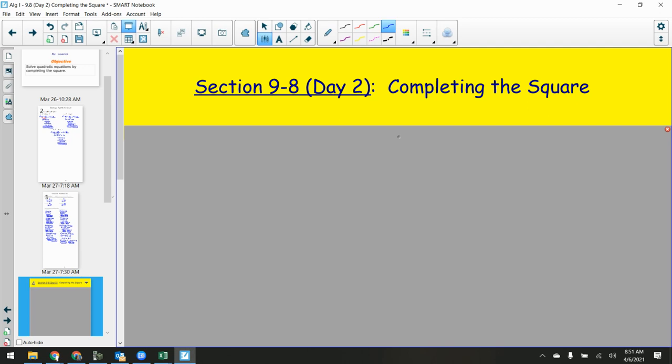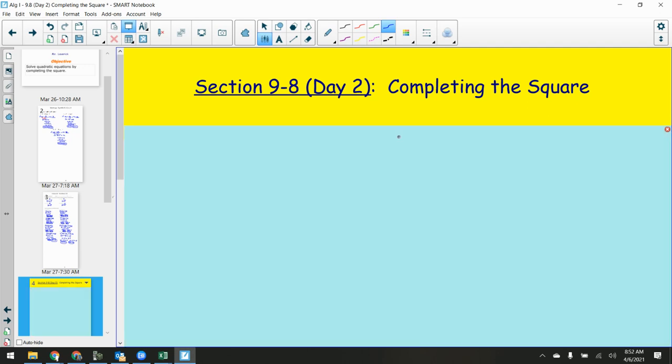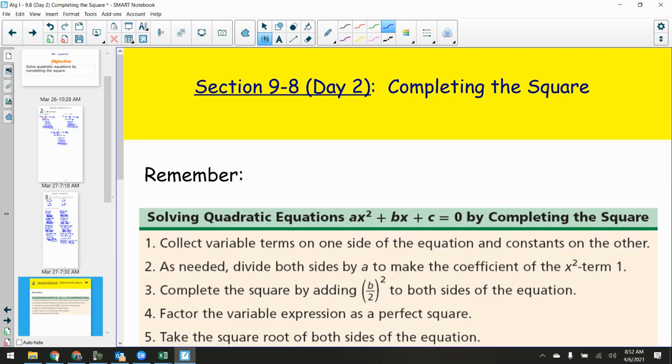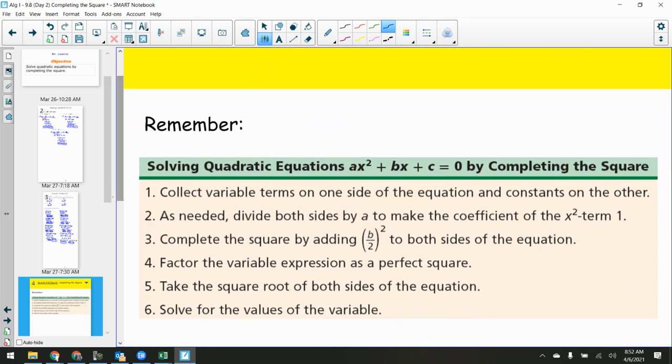All right. Just as a visual reminder, let's talk through the steps for completing the square and really focus on steps 1 and 2 because that's what we're going to pick up with today. Remember, what we're going to do first is collect variable terms to one side and constants to the other. Basically, you're going to want your A and your B values on the left and your C value on the right.